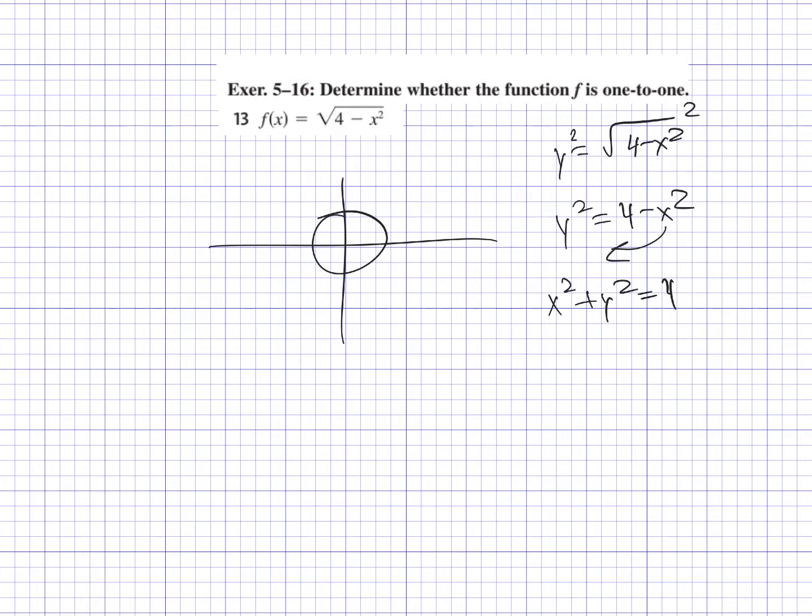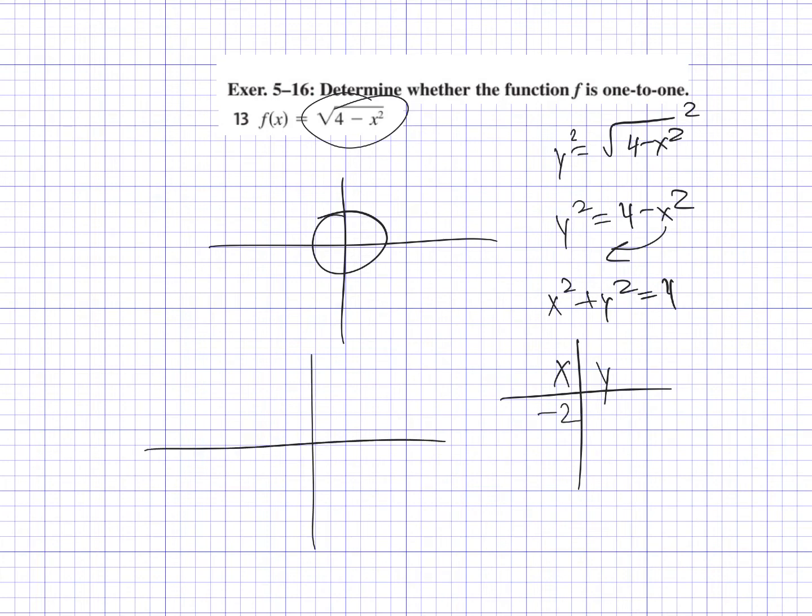So if you graph this function, if we do an xy chart, real quickly, just do a few things here. We start at negative 2. At negative 2, 4 minus negative 2 squared, 4 minus 4 is 0. So at negative 2, you're at 0. All right? And let's go negative 1. Negative 1 squared is 1. 4 minus 1 is 3. Square root of 3 is 1.7.